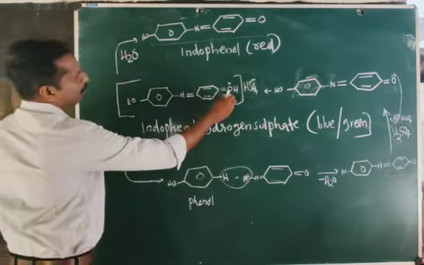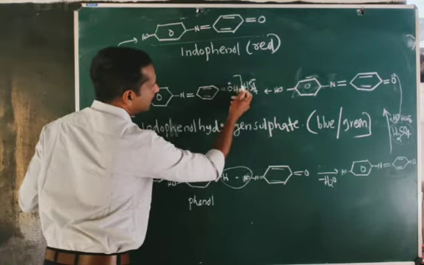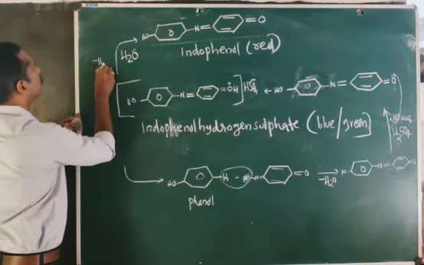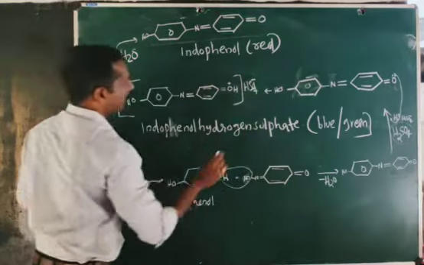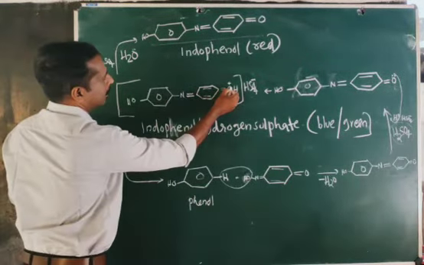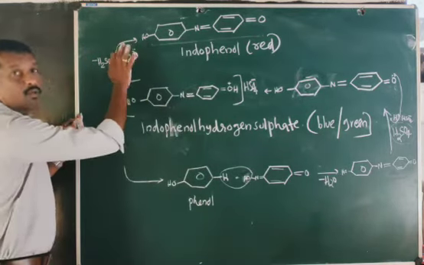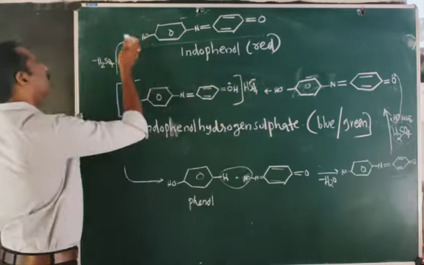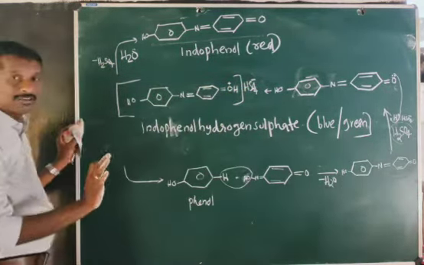If you want, you can write that since this H plus is removed, this H plus and HSO4 will join together again. Maybe you can write it as minus H2SO4.